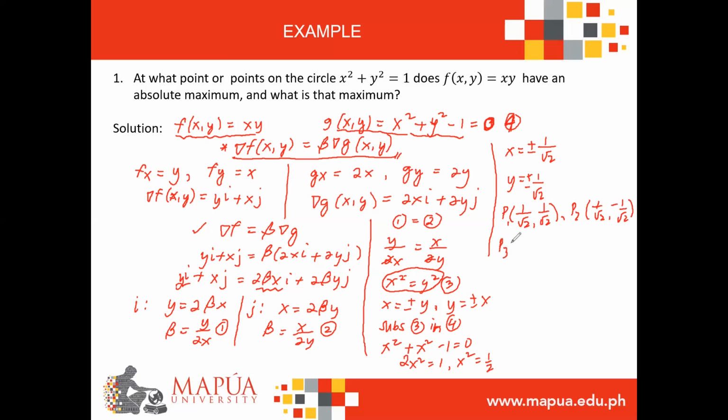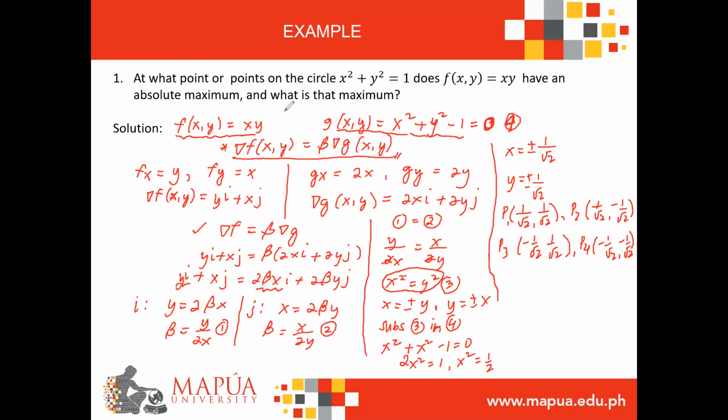Then the third point, let's take negative 1 over square root of 2 with positive 1 over square root of 2. Then lastly, the fourth point will be negative 1 over square root of 2 and negative 1 over square root of 2.